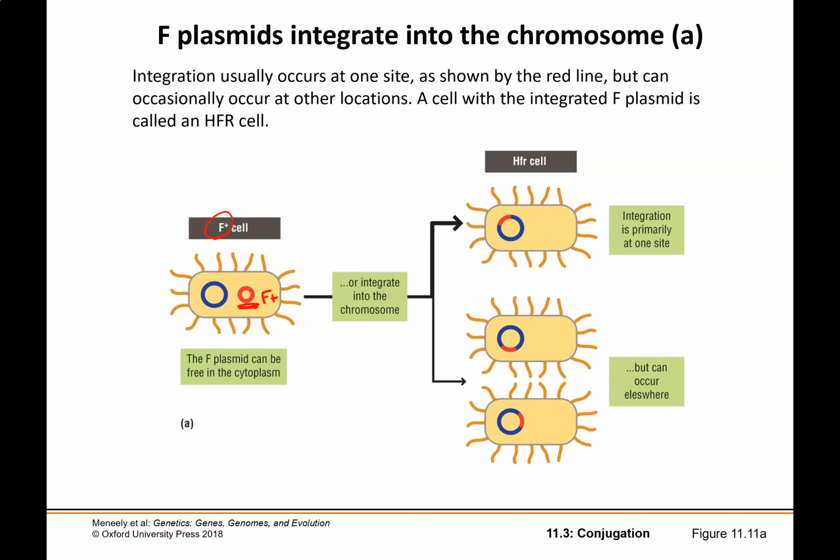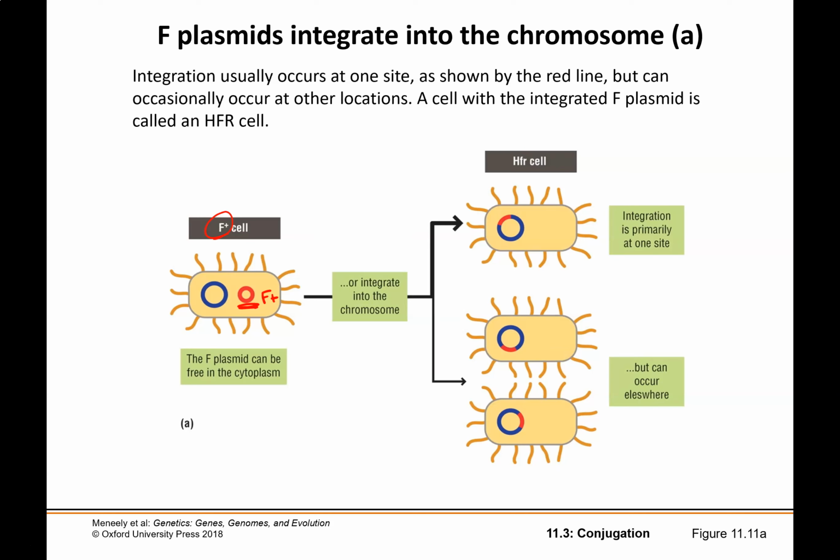It occurs as a double crossover with the cell's genomic DNA. Generally integration happens at a specific site, and once this fertility factor is transferred into the new cell, it can be maintained as a plasmid in the new F positive cell, or it can integrate into that chromosome.